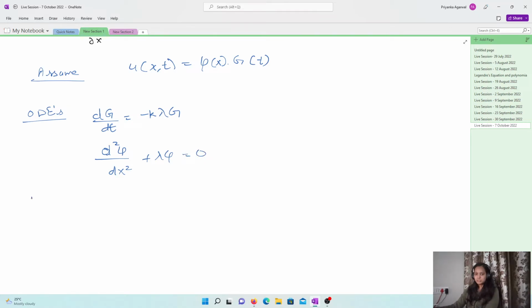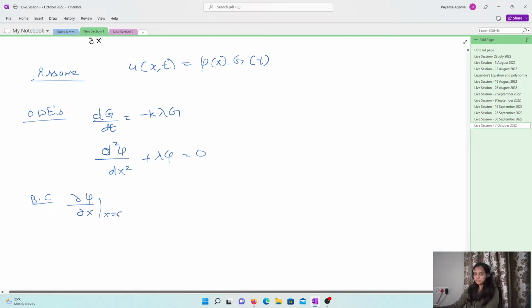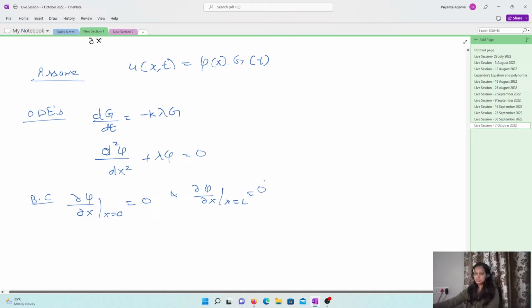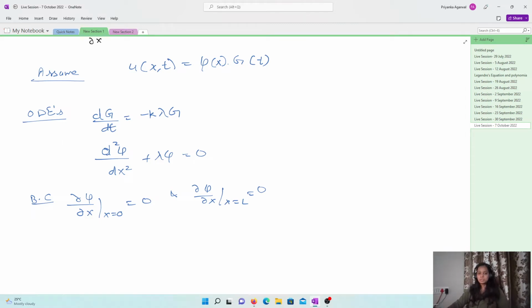And the boundary conditions become del psi over del x at x equal to 0 equals 0 and del psi over del x at x equal to L equals 0. So we solved the boundary value problem in the previous example using eigenvalues and eigenfunctions. So similarly, we will try to solve here.